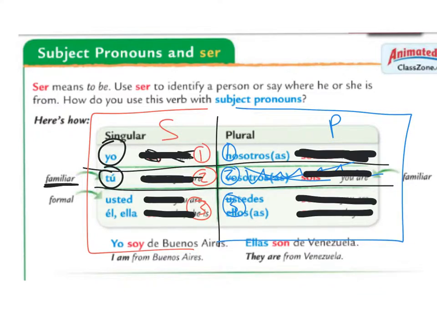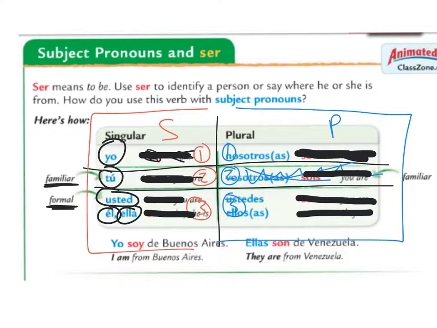But this word right here, usted, it means you, but it's in a formal situation. It's kind of like if you were to use the word usted, it's almost as if you would add the word sir after it, kind of like you, sir, or you, ma'am. We have the word él, which means he, and ella, which means she. All of this is singular.